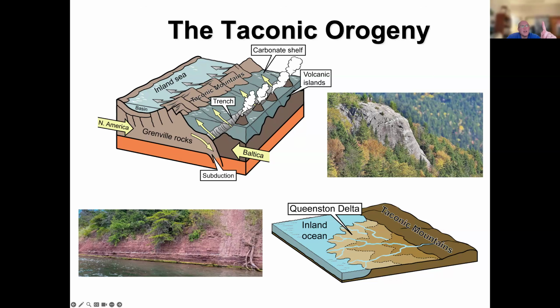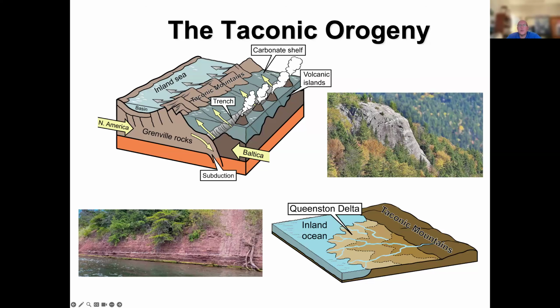So you've got the tectonic mountains that are eroded mostly away now, but behind them, there's forming another kind of basin and an inland sea, and rocks are being deposited there. So this downwarping created what we call the Appalachian Basin. And there's sediments being deposited there that are coming off of those ancient tectonic mountains and forming deltas.